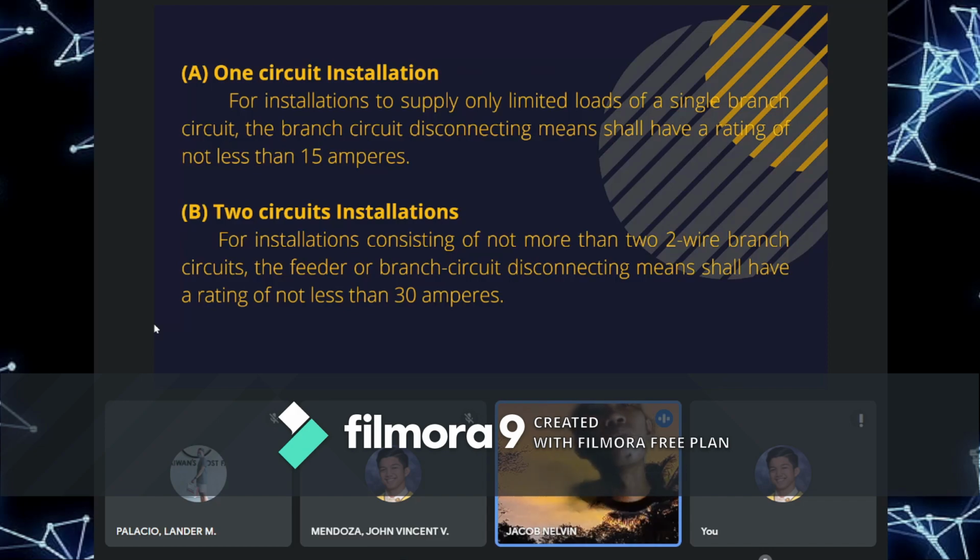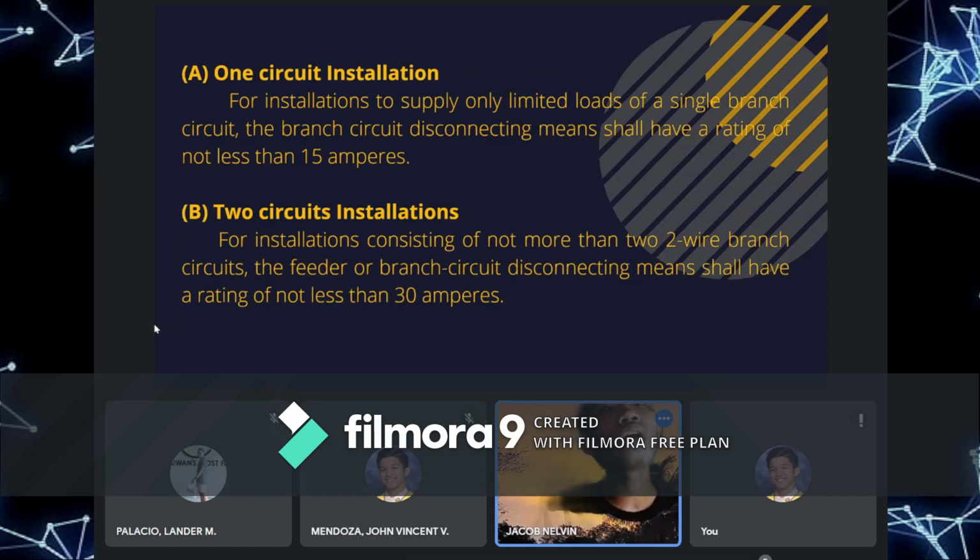Pag single branch lang, kasi sabi one circuit installation siya, yung disconnecting means nung branch circuit na yun, hindi dapat siya bababa sa 15 amperes. Dapat 15 amperes na siya talaga.